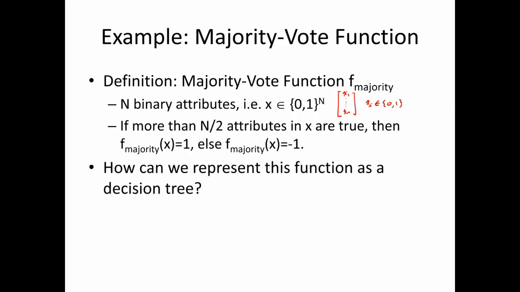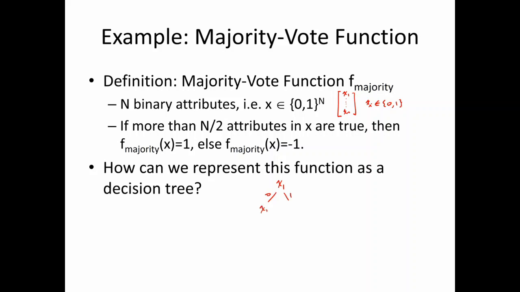If you're to build this function using a decision tree, what would it look like? Well, you can do something like this. At the root, you consider the first attribute, see if it's 0 or 1.